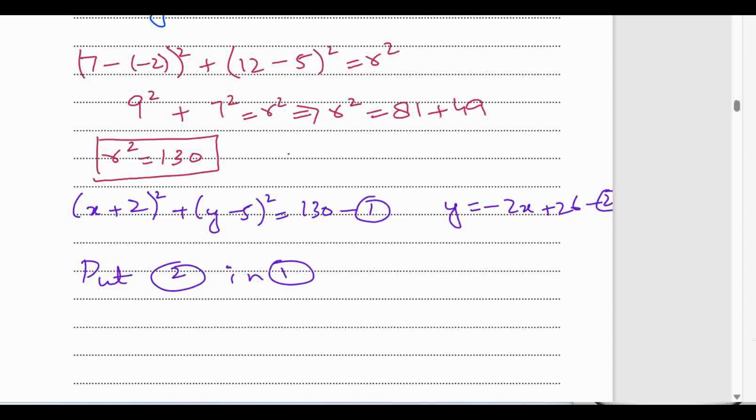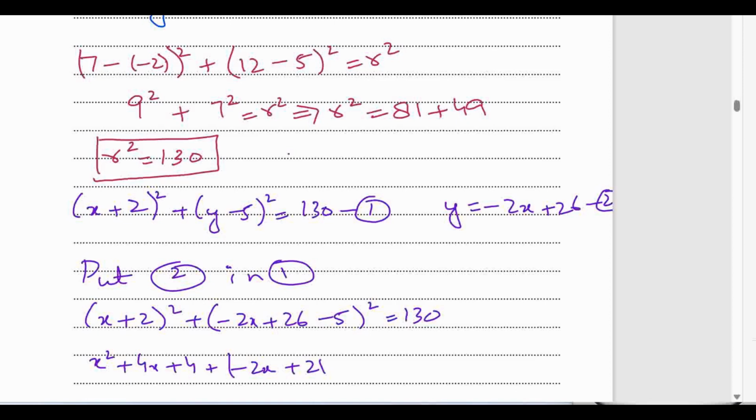So this will be equal to (x plus 2) whole square plus (y is minus 2x plus 26 minus 5) whole square is equal to 130. So this will be x square plus 4x plus 4 plus, now this will be minus 2x plus 26, so plus 21 whole square is equal to 130.